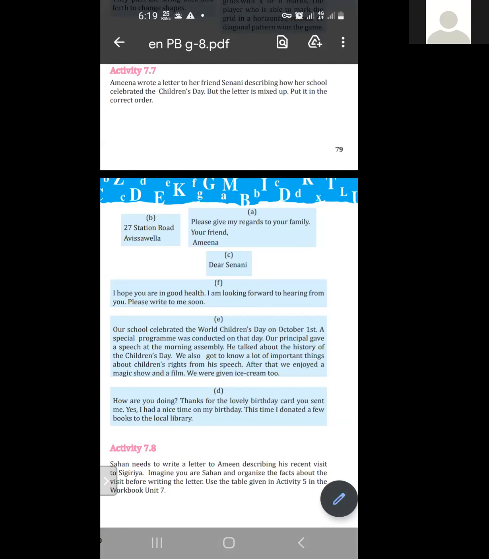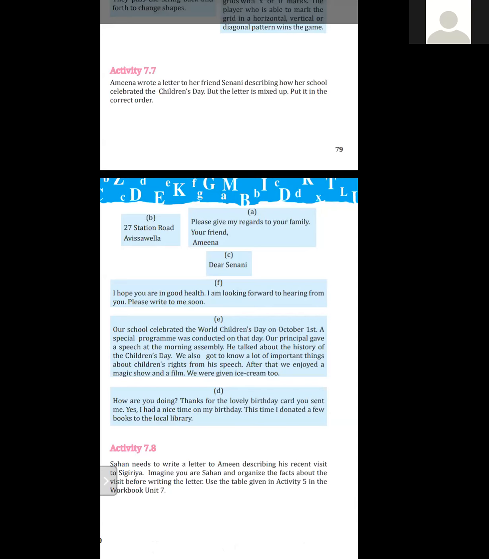Please give my regards to your family. உங்களோட குடும்பத்தில் இருக்க எல்லாரையும் விசாரிச்சதா சொல்லுங்க. எல்லாத்தையும் பேசி முடிஞ்சு கடைசியா சொல்றது.